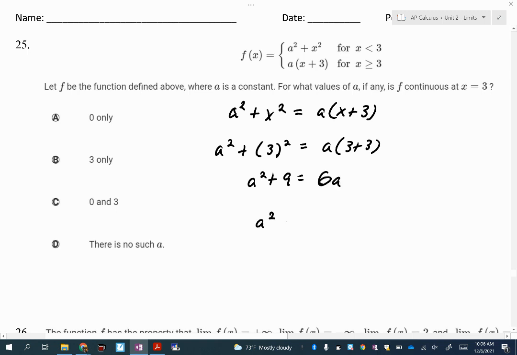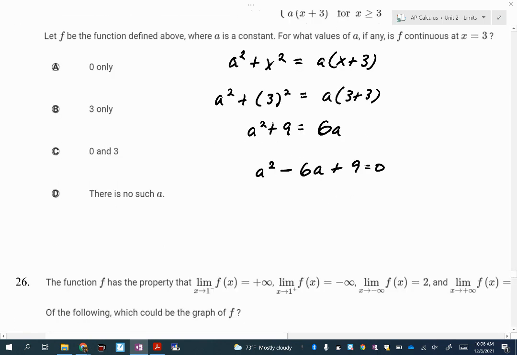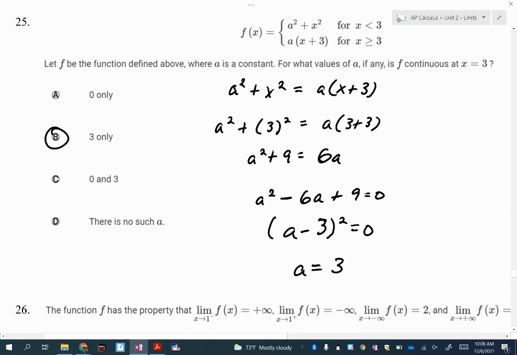I'm going to move that 6a over with subtraction to set it equal to 0 and factor. And you actually get a minus 3 squared. So the value for a that's going to make this true is positive 3, or B.